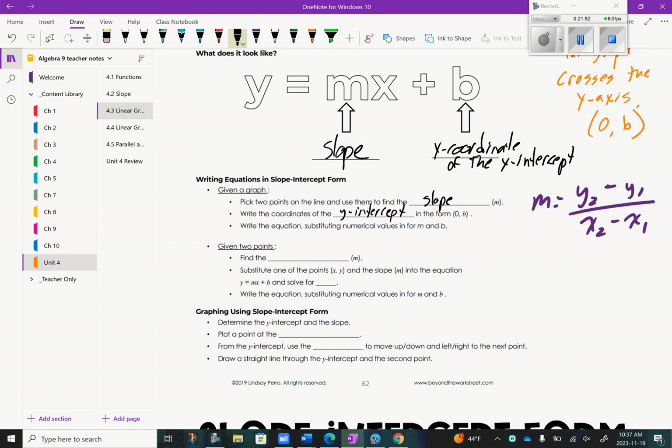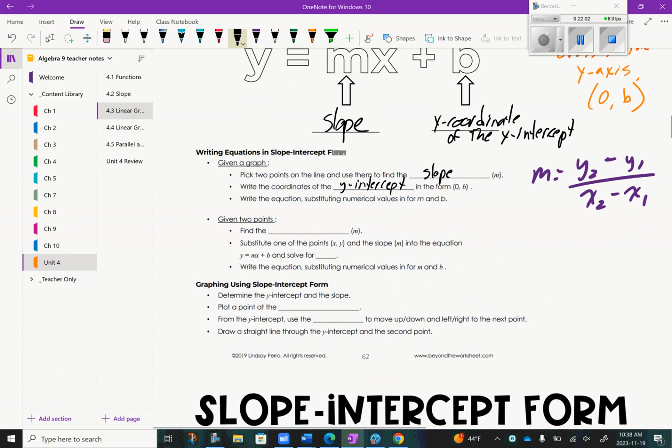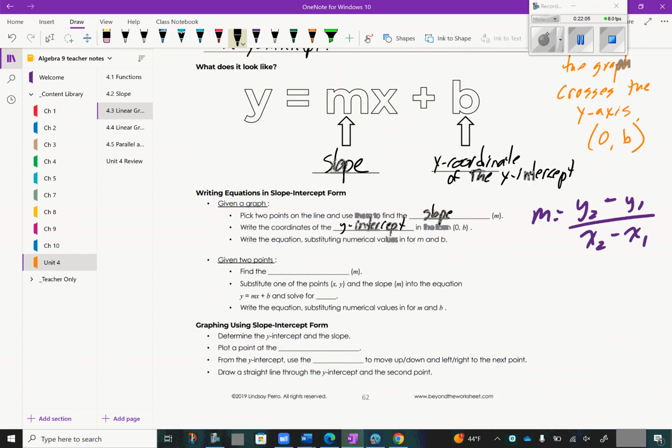But we don't necessarily need a graph. If you're told that a line goes through point A and point B, we should also be able to write the equation of that line in slope-intercept form by, again, first step is calculate the slope. But if they don't give you the graph and you can't see where it crosses the y-axis, then we're going to go back and do some substitution.